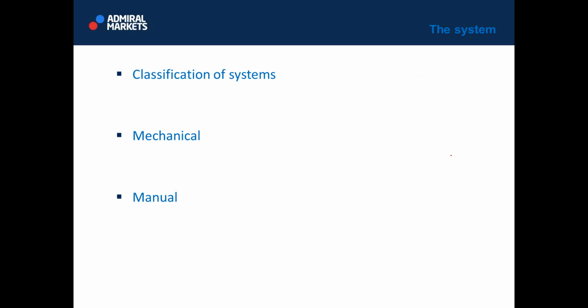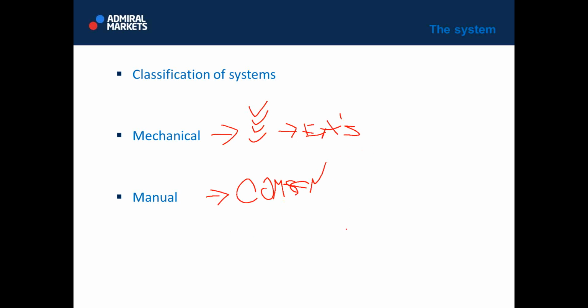Mechanical systems can be coded as expert advisors. So mechanical systems are simple systems where you follow the rules blindly, and they can be coded into EAs, expert advisors. Manual systems are systems which have their own rules, but you also use your common sense to trade them.